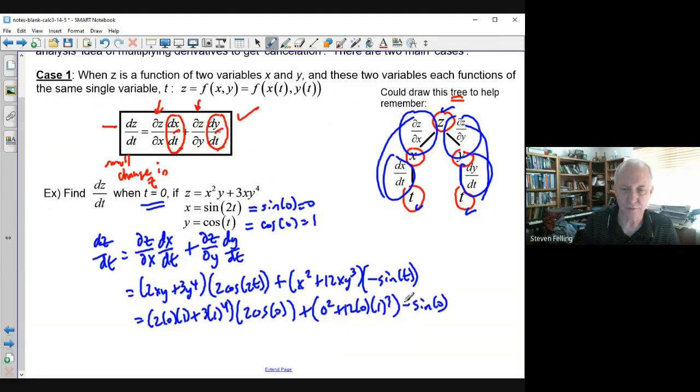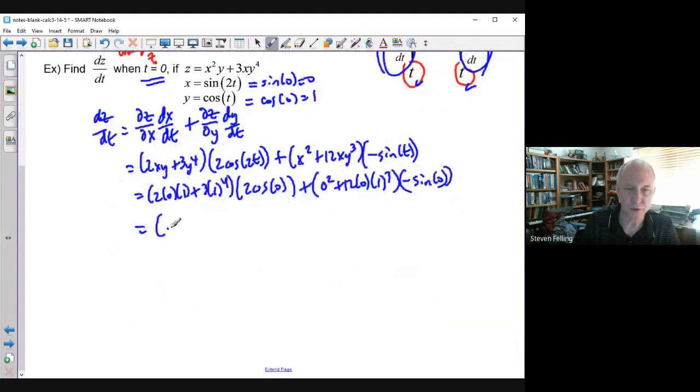Okay, and so continuing here, this is just going to be 0 plus 3 times 1 is 3, and then cosine of 0 is 1 times 2, right? And then this will be 0 and 0, so we end up getting 0 times 0. So the whole thing turns out to be 6, right?